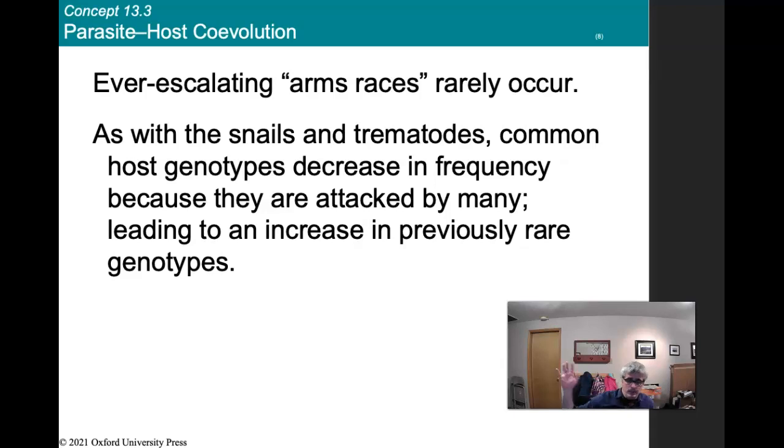So again, like that snail example, if the parasites are going for the most common genotypes, they're eventually going to drive those genotypes down in distribution, and then the previously rare ones will become both relatively abundant and then probably absolutely abundant, because they're not suffering from the parasite, whether that be a mortal infection or just an infection that's robbing you of energy. And as we've seen, a bunch of these parasites also interrupt sexual reproduction. They can be castrating parasites.